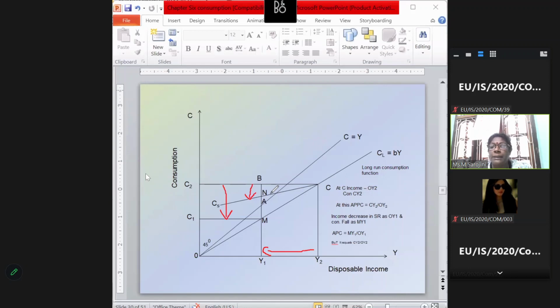When we join the point C with point N and extend it further, once we draw the line through this point, we get the CSC line. It is the short-run consumption function, right?